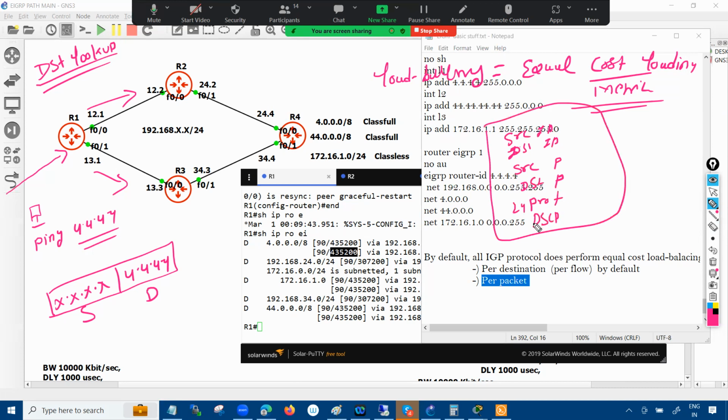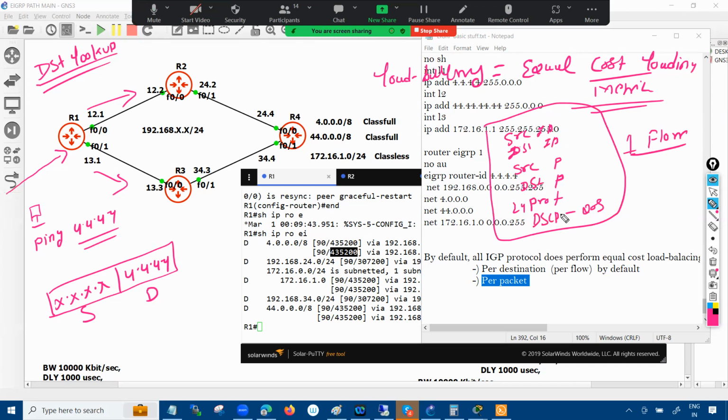In the IP header we have one field called the DSCP field, which is used in quality of service. So when you have the same source IP, same destination IP, same source port number, same destination port number, same protocol, same DSCP field, this is called one flow.